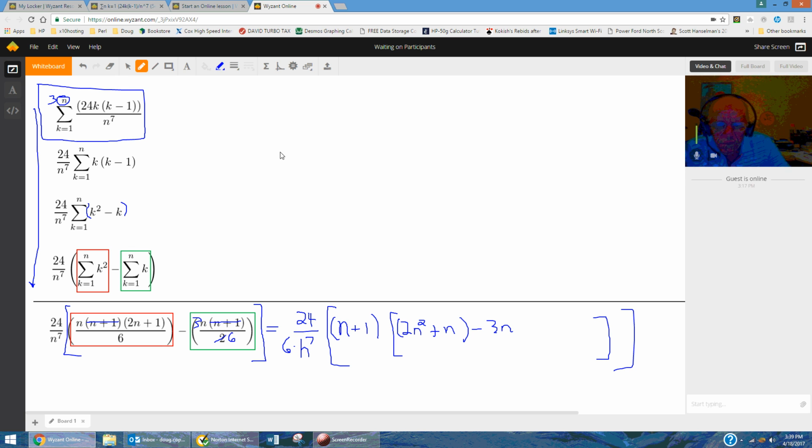I'm going to first of all rewrite this first fraction as 4 over n to the 7th. Then in the brackets, I've still got this n plus 1.